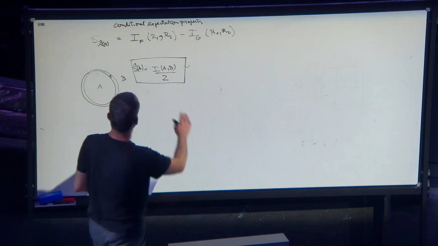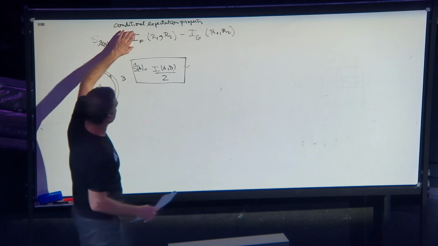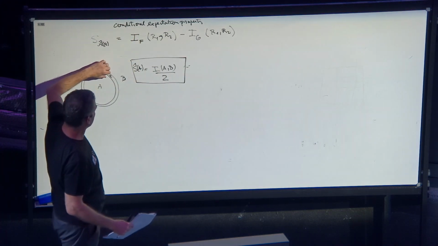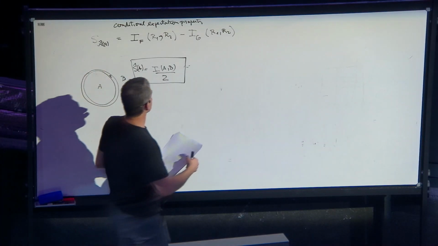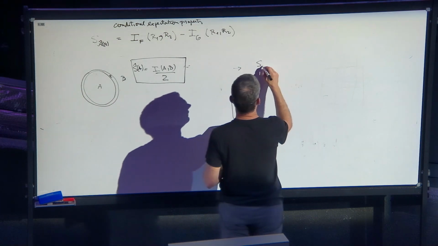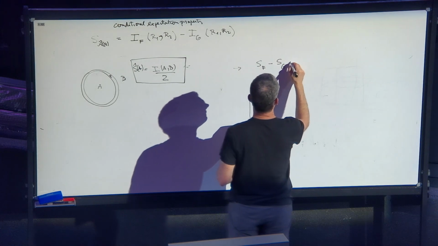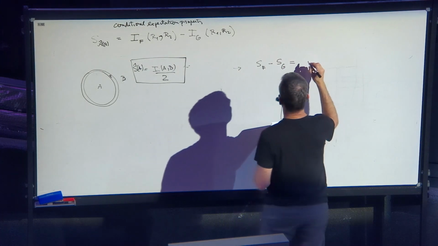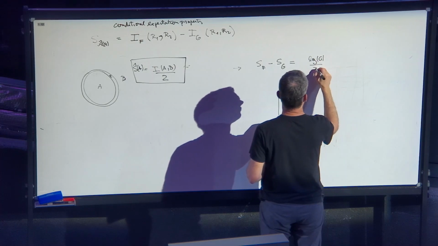So then in this limit, when we make epsilon go to 0, we know that this is going to be log G. It means that the regularized entropy of F minus the regularized entropy of O is equal to log G divided by 2.